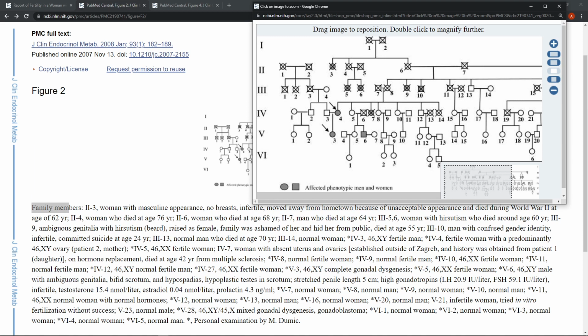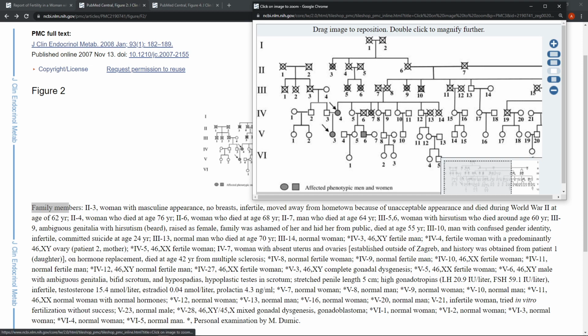Circle is female, square is male, and X through the part in the tree means that this person is deceased. So, Gen 2, person 3, is a woman with a masculine appearance, no breasts, infertile, moved away from hometown because of unacceptable appearance, and died during World War II at age of 62 years.